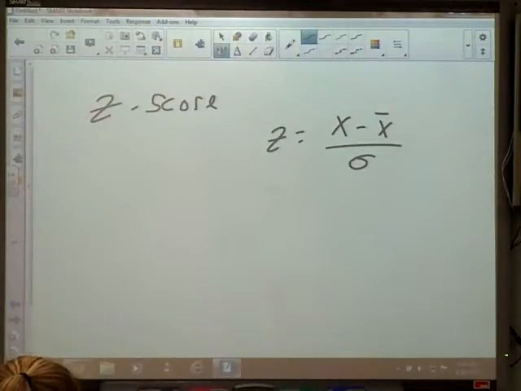I don't like reading to y'all a whole lot, but I don't know a whole lot of stuff about Z-scores, so I'm just going to read you this little paragraph about what we got here. It says the standard normal distribution is the normal distribution with a mean 0 and a standard deviation of 1. The formula that I've given you can be used to transform X values from a normal distribution into Z-scores having a standard normal distribution.